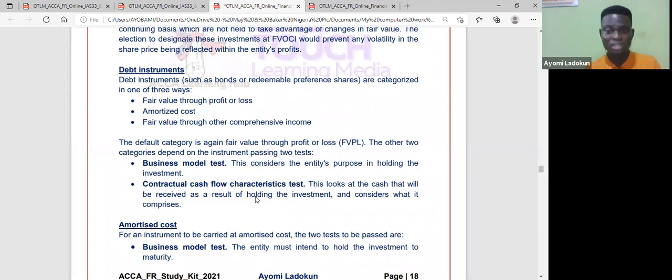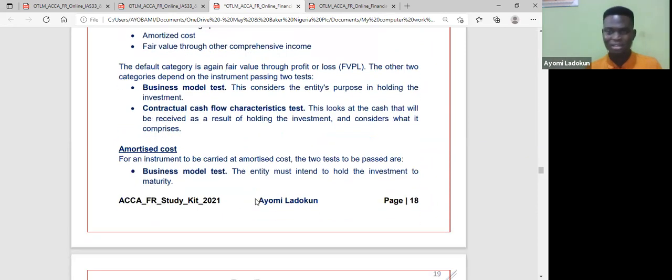The business model test will look at the entity's purpose. What's the purpose of me holding that debt instrument, for example? Then the contractual cash flows will look at the cash that will be received as a result of holding the instrument. So the question is, what's the purpose? Am I holding it for trading, or I just want to invest, then I get a cash flow later in the future?